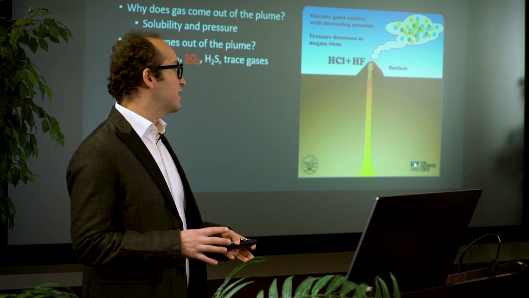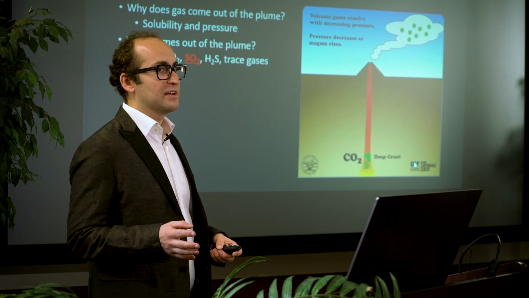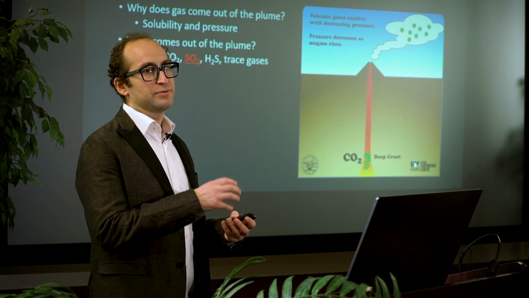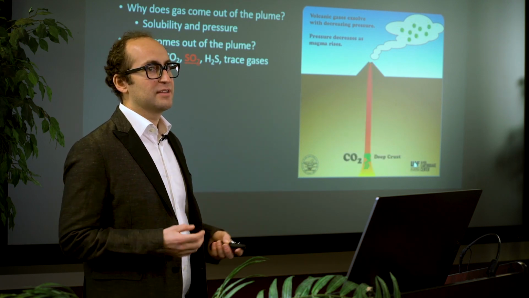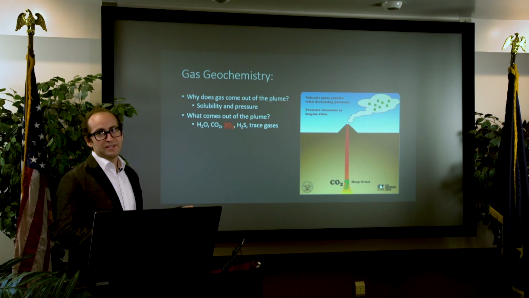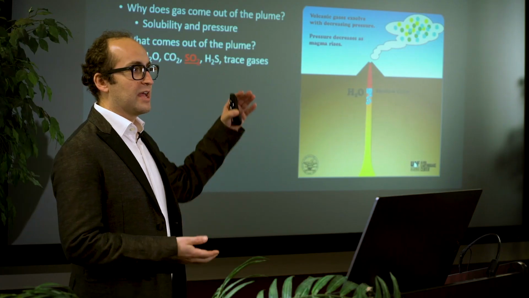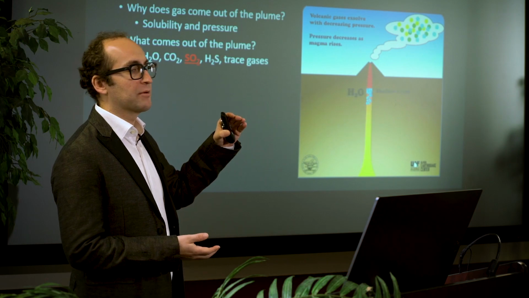Generally, gases under pressure prefer to be dissolved in liquids. We can see this every day at home whenever we open up a can of soda. The pressure is released and the dissolved gases inside come out in the form of little bubbles. Now, the same is generally true with magmas. We have a lot of gases that are dissolved inside of them, which are then under the immense amount of pressure of tens to hundreds of kilometers of overlying rock.